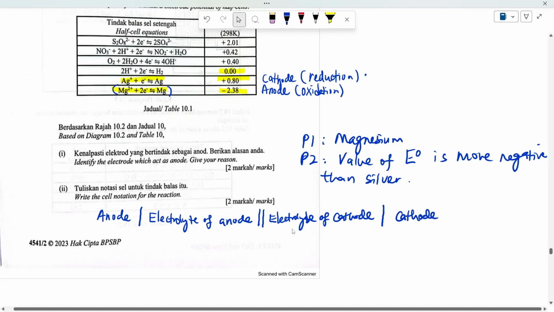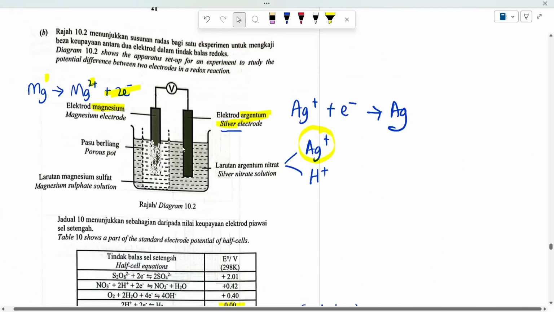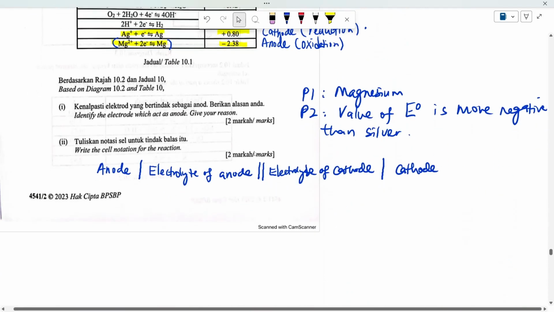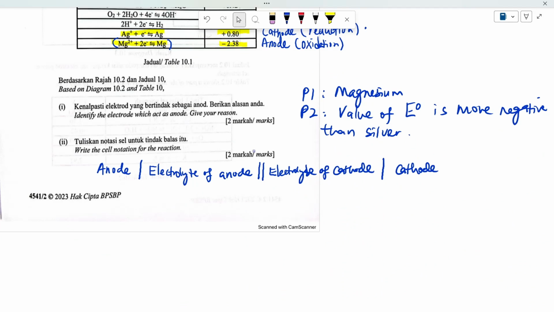So here we focus on this diagram. What is the anode in this case? Magnesium, right? So Mg.